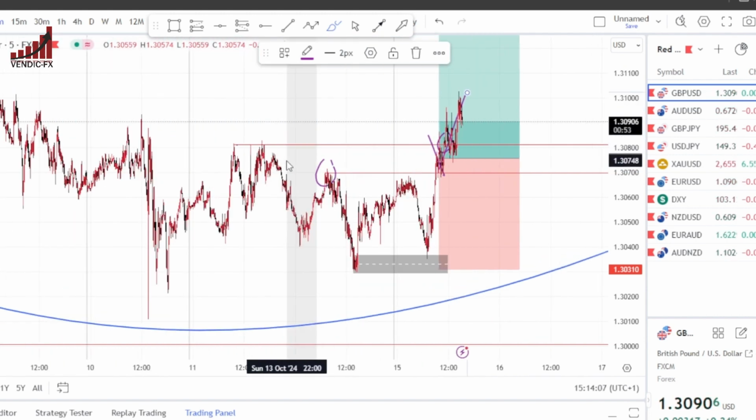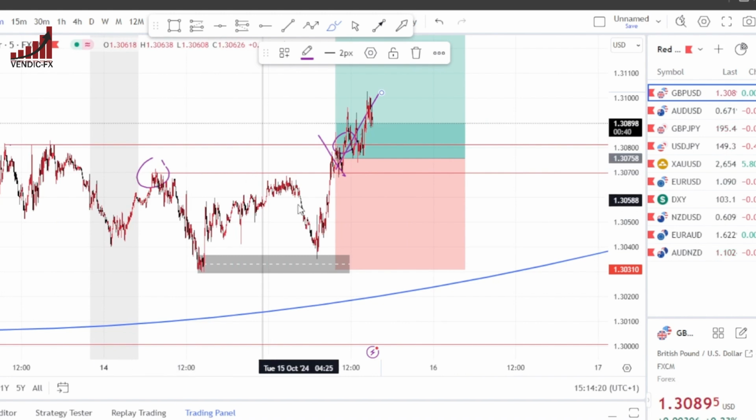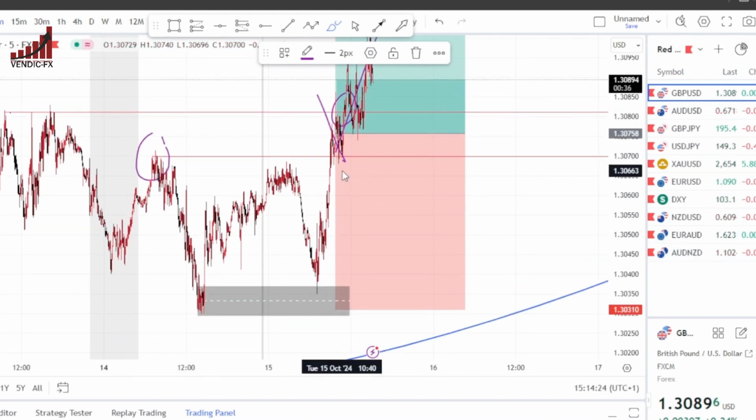So this creates equal lows for me. Remember, the first one I showed you was equal highs, but this creates equal lows for me, and I have a change of character on that particular time frame, the 5 minutes that I was looking at for my entry. I have a good change of character, and I get in.